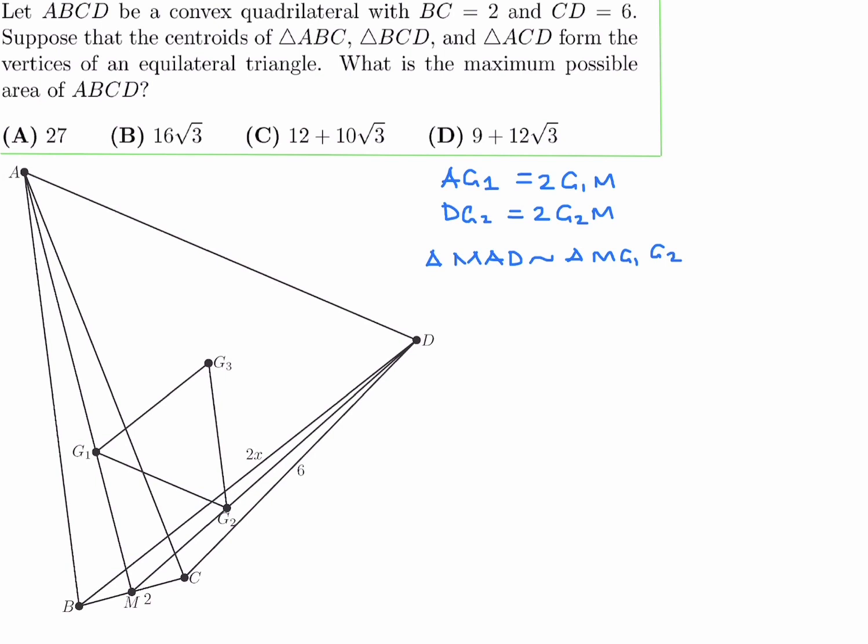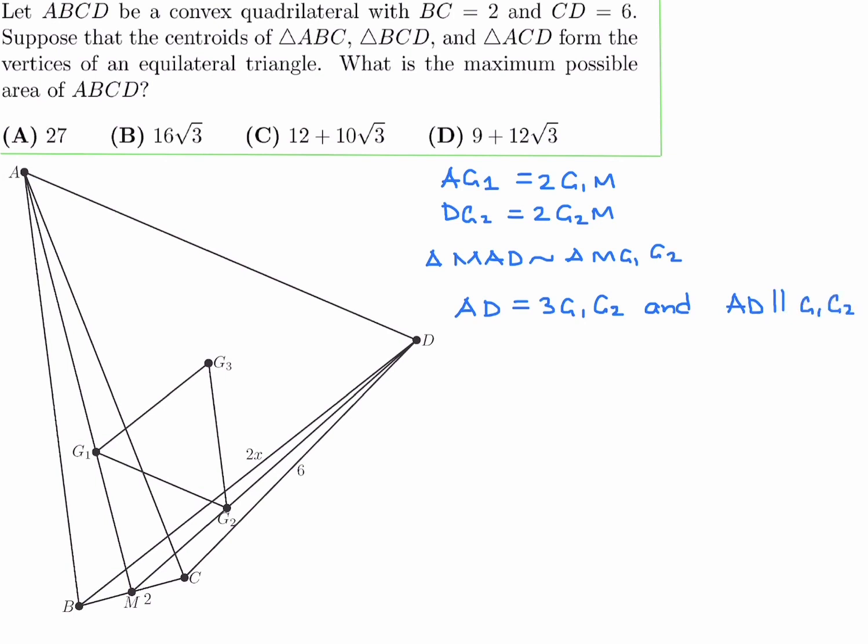And because of that, we can conclude that AD is equal to 3 G1G2. And the reason is because since this is going to be 1/3 of AM, then this will be 1/3 of that, because the triangles are similar. And we can also conclude from that AD, that line, is parallel to G1G2.